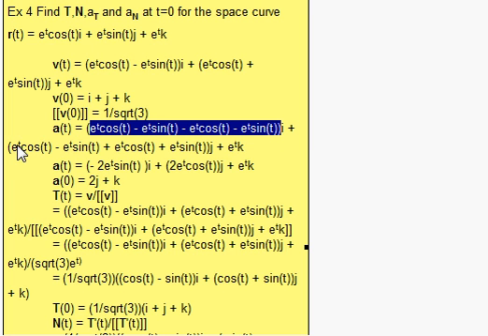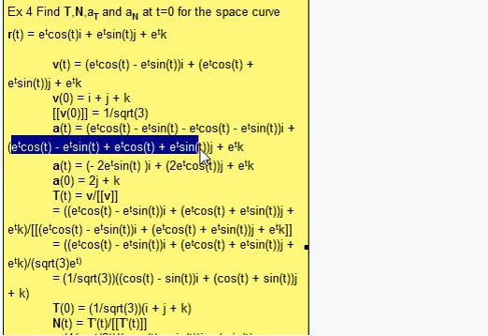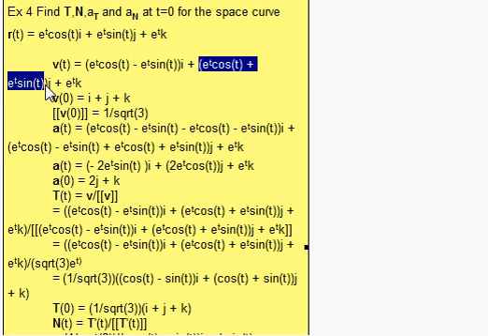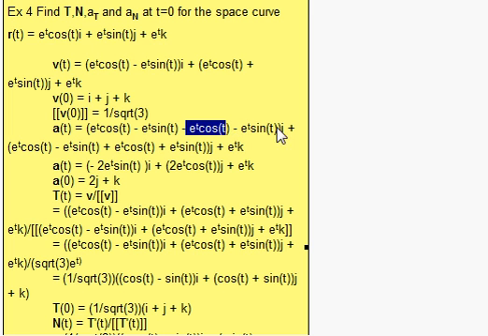And in similar fashion, you could probably follow this derivative as the derivative of this part right here, right? And then finally, simplifying, this and this cancel out. So we got negative 2 e to the t sine t i plus, for this part, canceling out the e to the t sine t, they cancel out.